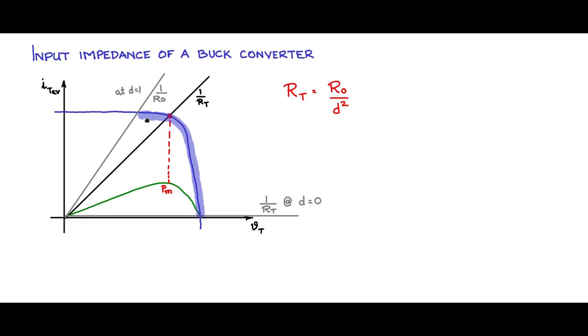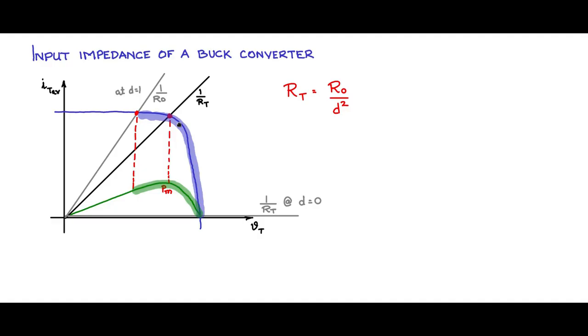Now if I mark the extreme operating point at 1 by R naught and drop a vertical, you will see that these are the powers that can be drawn from the PV panel at various operating points, and you see that the peak power operating point is within the range. Therefore, in this picture, the buck converter is a meaningful design.